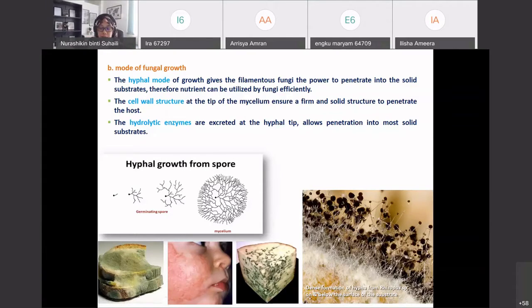Fungi have longer incubation period for fermentation compared to yeast and bacteria. Bacteria, the doubling time is just a few hours. So by 24 hours, it has already reached the death phase. Compared to fungi, it needs maybe 2 weeks in order to complete the growth curve: the lag phase, log phase, stationary, and the death phase. Okay.